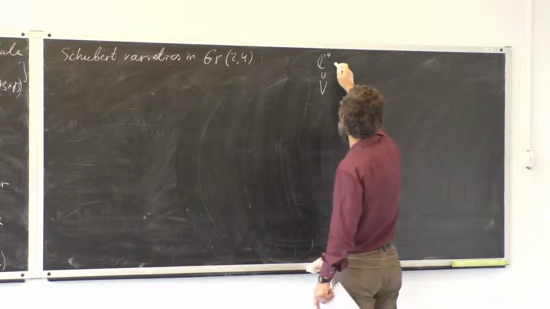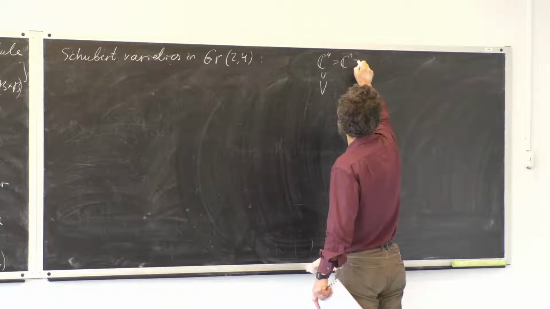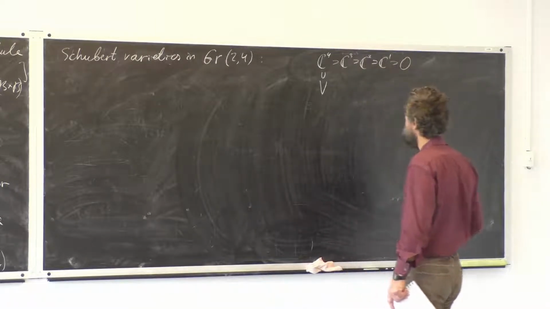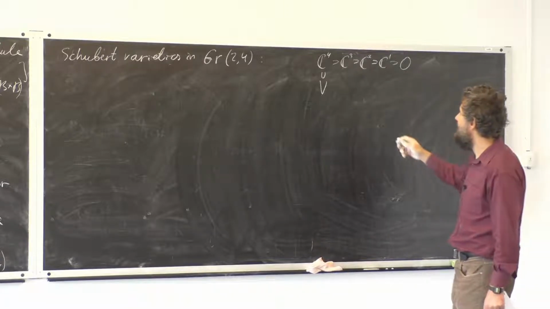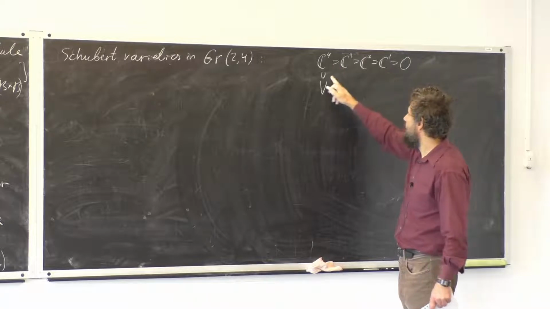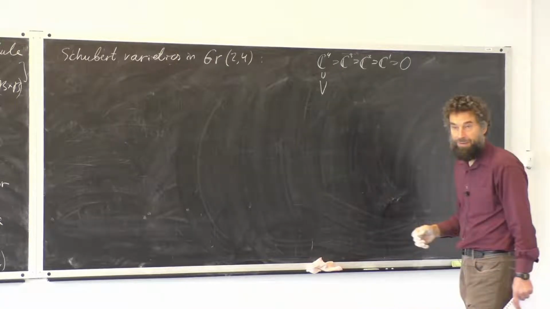But we have to fix a flag. Like this. And the Schubert varieties are specified by the dimensions of intersections with this fixed flag.